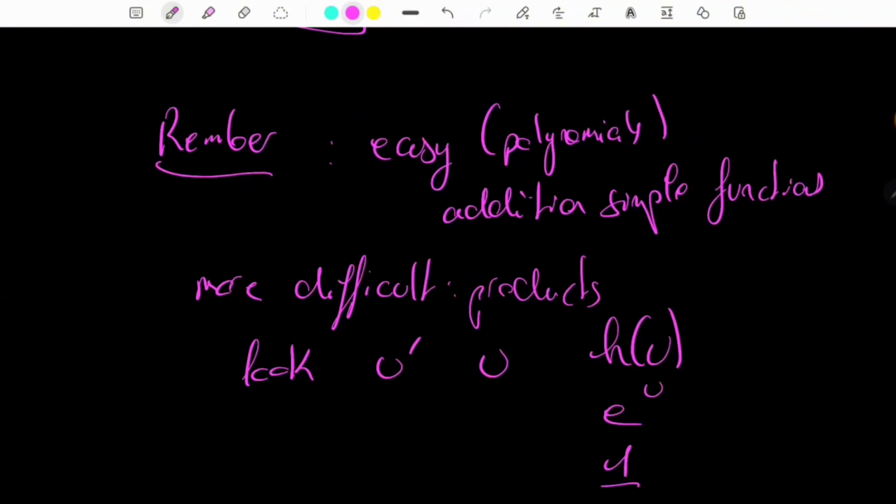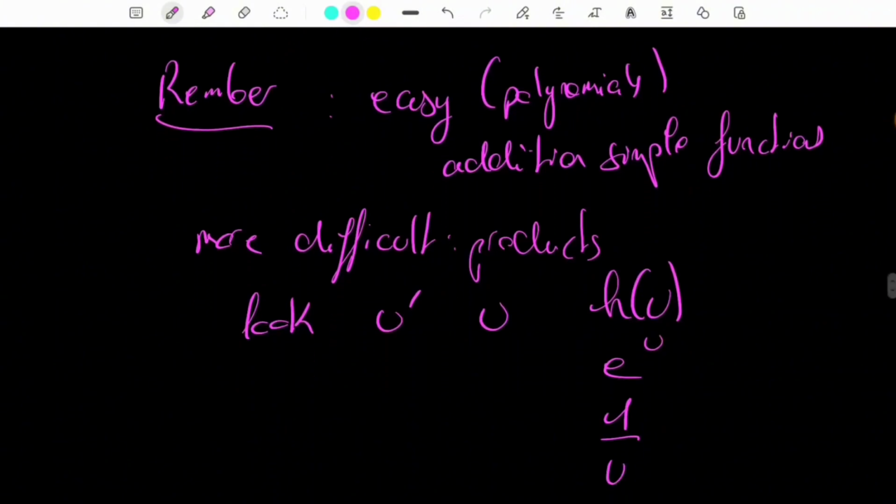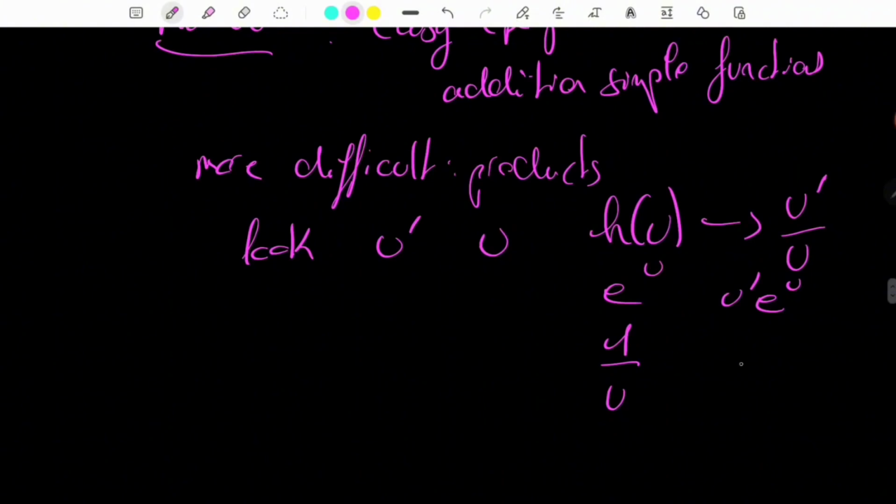What is more difficult is, for instance, products of functions and quotients of functions, and you have to look for something that looks like u prime or u, which you can simplify using the composition of functions you know, just as logarithm of u, which has as derivative u prime over u, exponential of u, u prime exponential of u, and 1 over u, minus u prime over u squared. You have to look for this kind of form and just solve the equation.